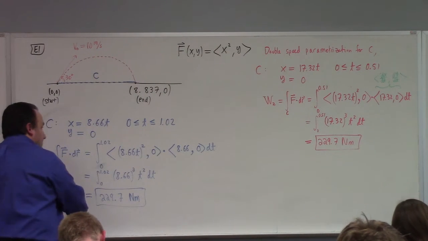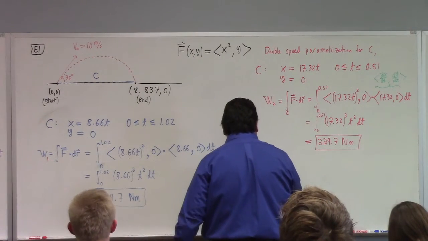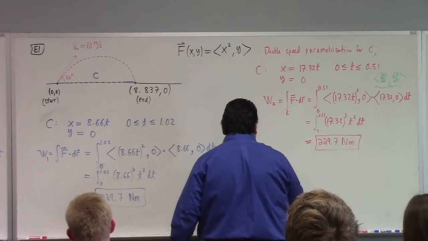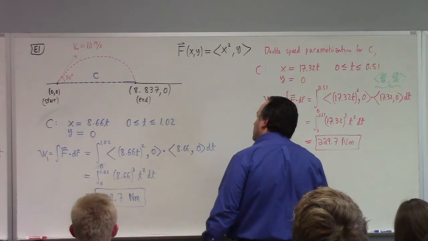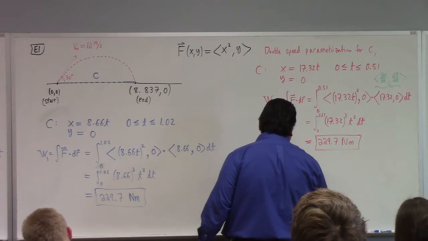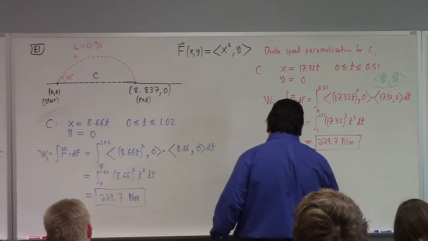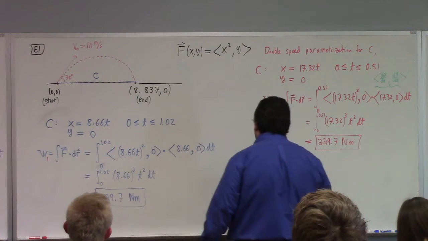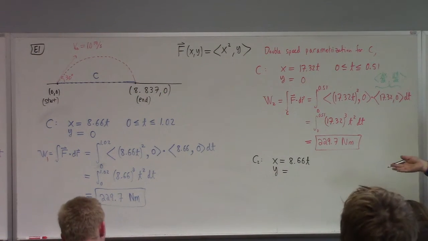And so the third, and this is of course a different curve now, so let's call it C2. You'd have x equal to 8.66t. You'd have, now y is not just 0 now, right? Y is changing. We found how to find the parameterization though, right?